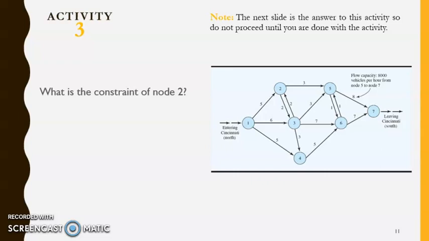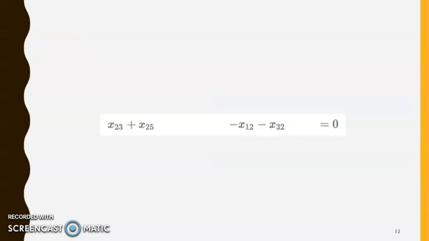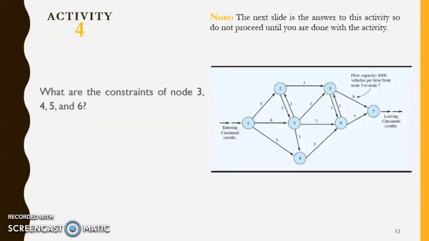And we can check the answer together. After that, since it is very similar to activity 3 and the ones that we did together before, please write down the constraints related to nodes 3, 4, 5, and 6. It is exactly the same as what we have had before.